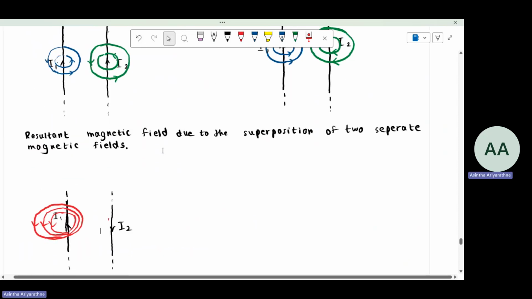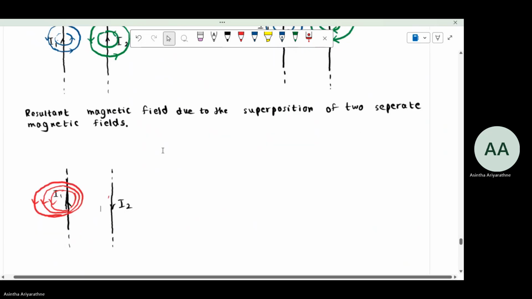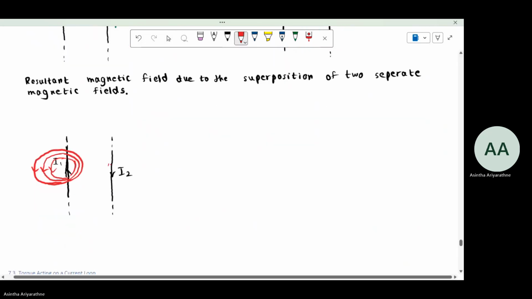Here also the same. They would produce a magnetic field like this.